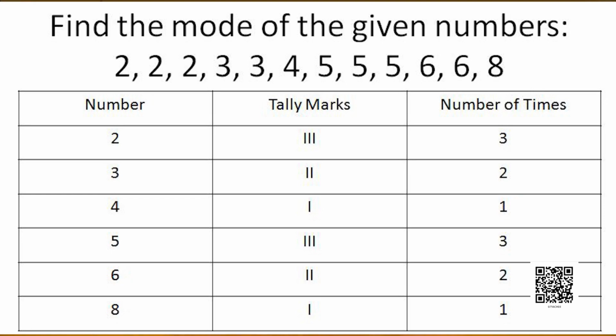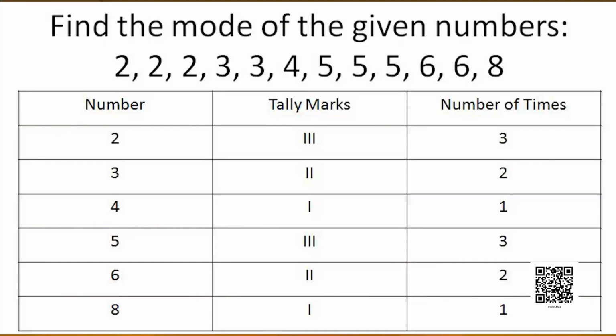So 2 is appearing 3 times, 3 is appearing 2 times, 4 is appearing 1 time, then 5 is 3 times, then 6 is 2 times, and then 8 is 1 time.